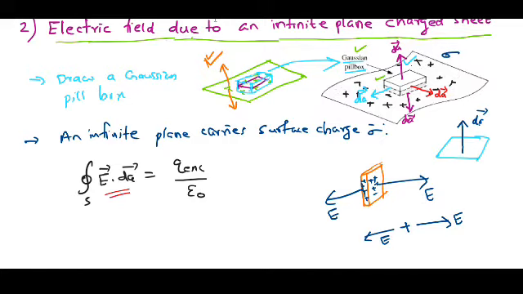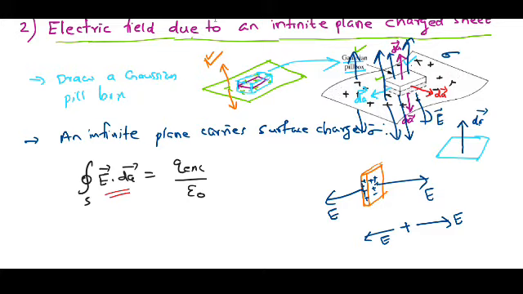If I draw the electric field lines of this charged sheet, then this will be the direction, and at the bottom of this plane charged sheet it will be this way. There will be a large number of electric field lines coming out from the top and bottom surface. This will be the direction of the electric field.